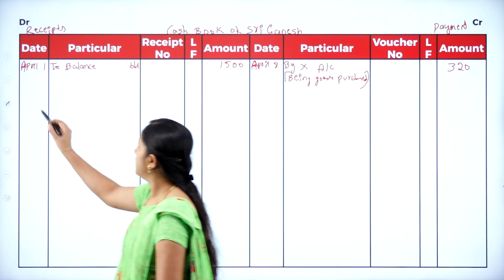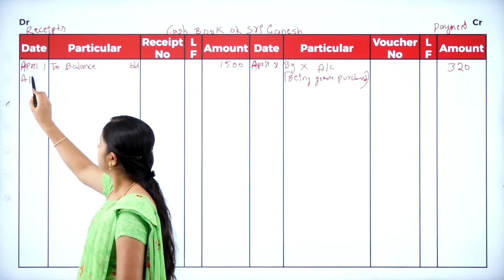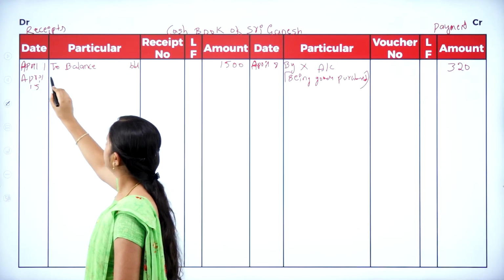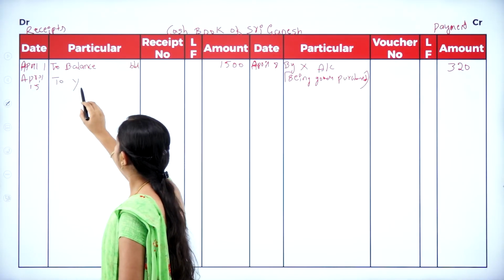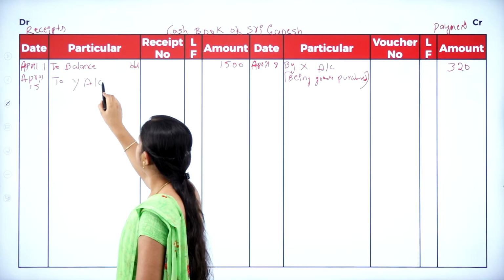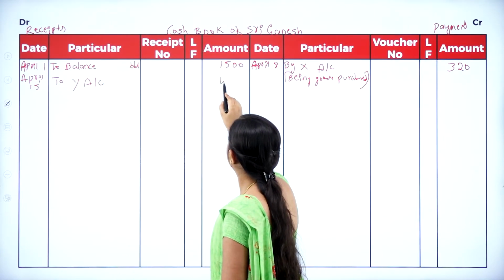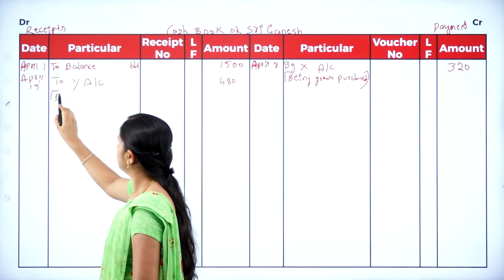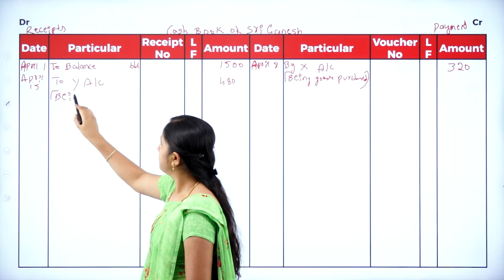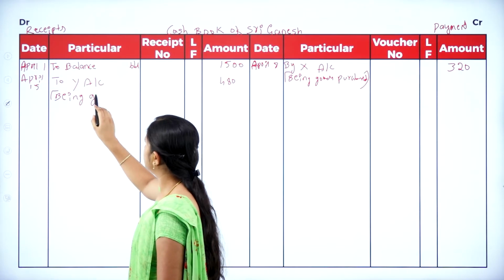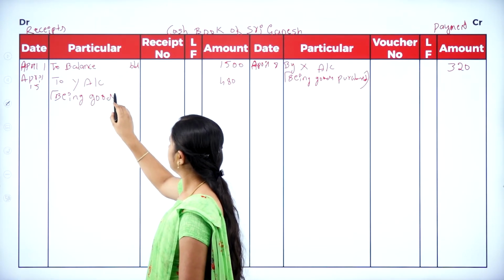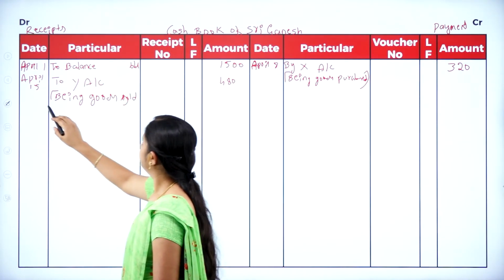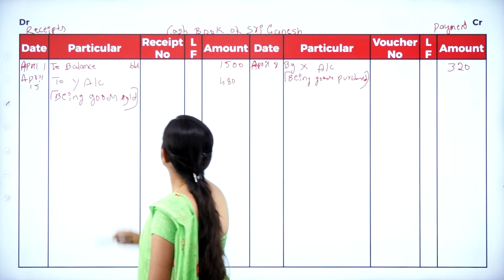April 15, to Y account rupees 480. Write, being goods sold.